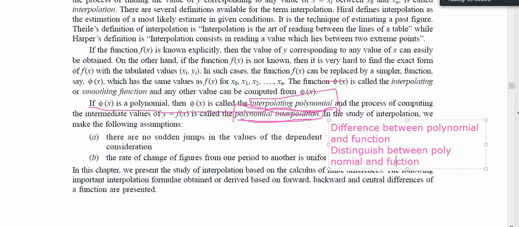We can go for interpolation for a polynomial, and we can also go for interpolation for a function. So this is the beginning of polynomial interpolation.